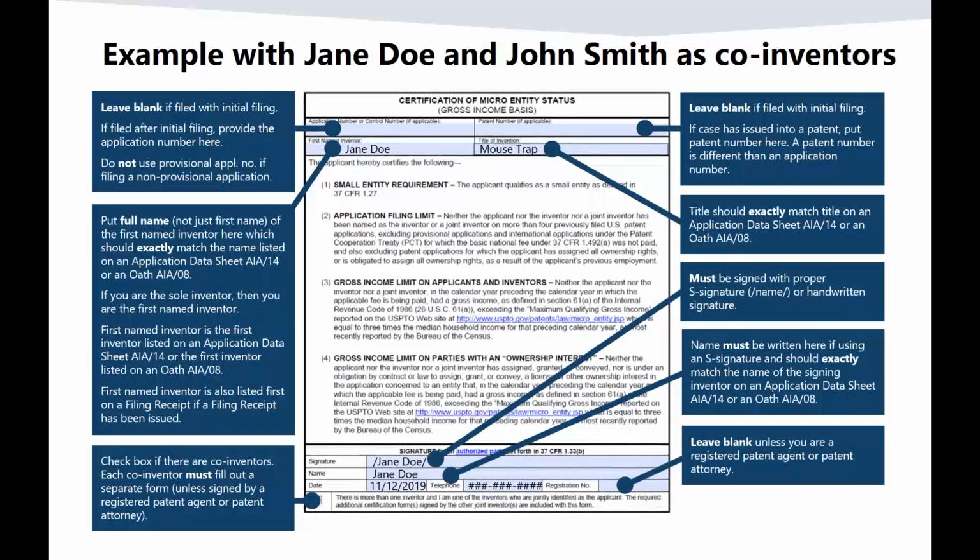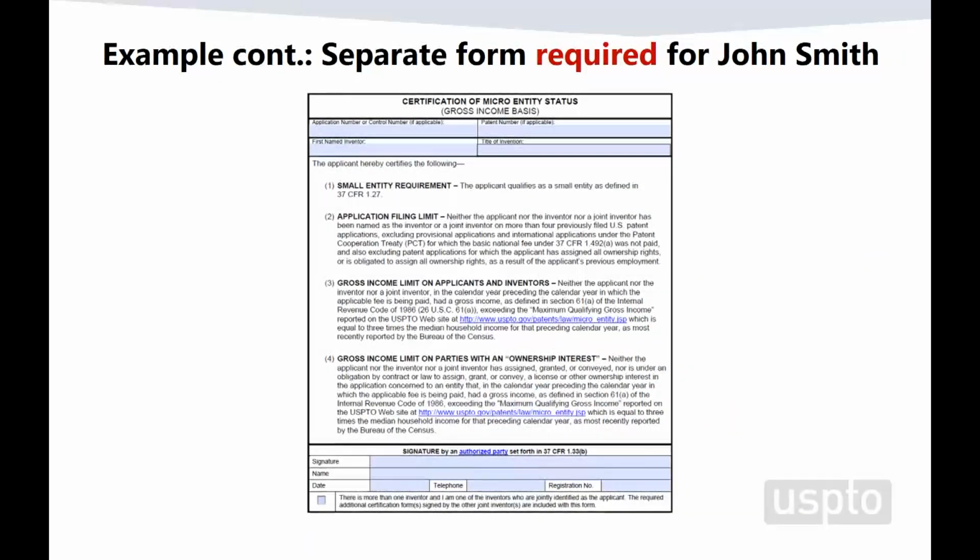Last on this form, we're going to check the bottom left-hand box that indicates that there is at least one other co-inventor. When there are co-inventors, each co-inventor must fill out a separate form, unless the form is being signed by a patent agent or patent attorney. In the last slide, we filled in the microentity status form for Jane Doe.